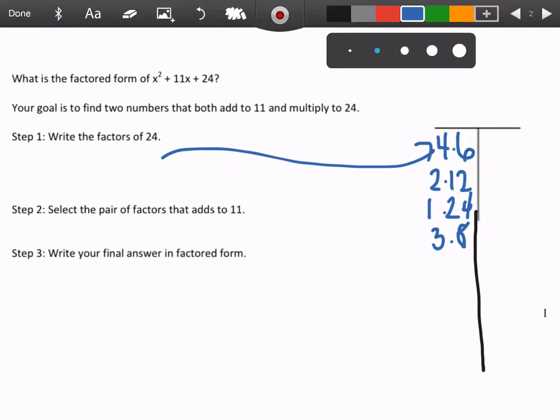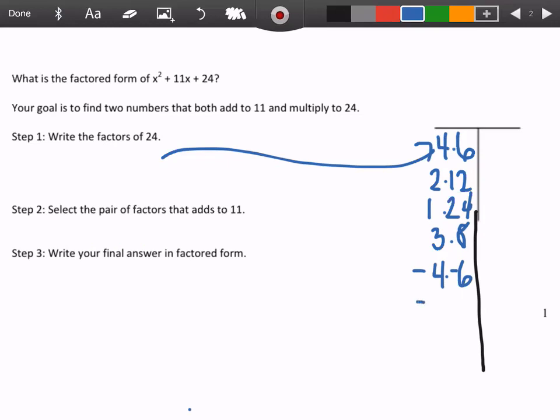So we also have a negative 4 times a negative 6. Remember, we want a positive 24, so both numbers have to be negative because a negative times a negative makes a positive. So then negative 12 times negative 2, negative 1 times negative 24, and negative 3 times negative 8.